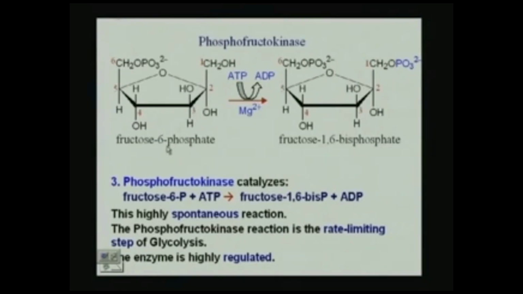That's it. Okay. So you have fructose 6-phosphate that is going to form fructose 1,6-bisphosphate, and this process is actually highly spontaneous, and this phosphofructokinase reaction is the rate limiting step of glycolysis.